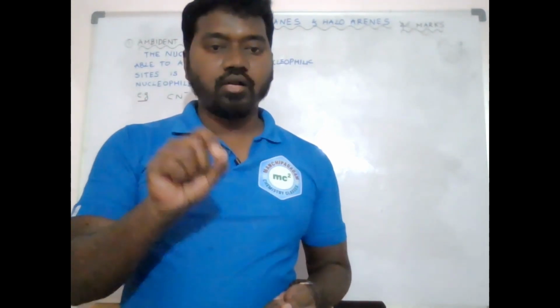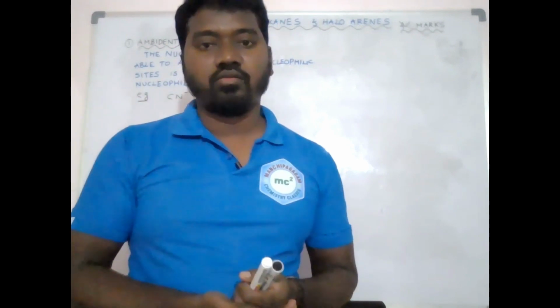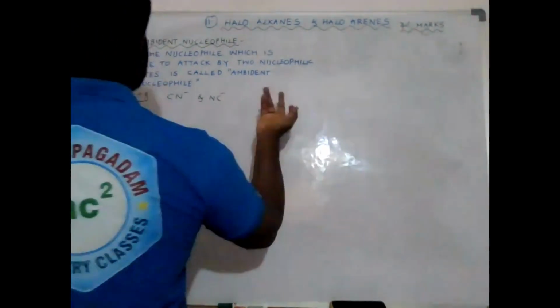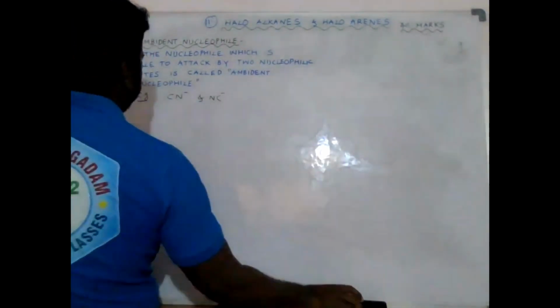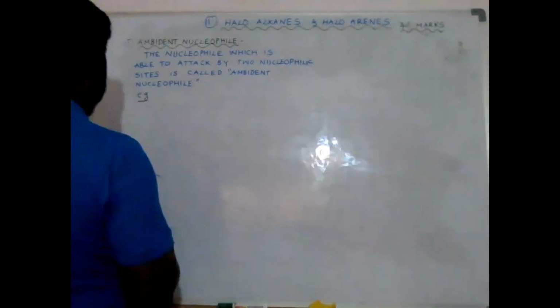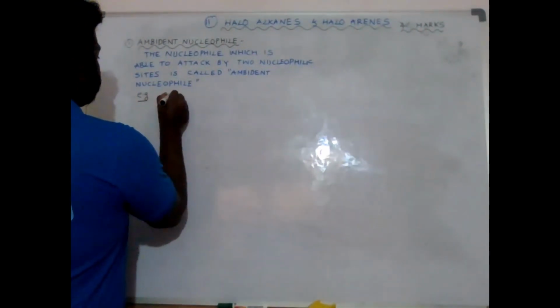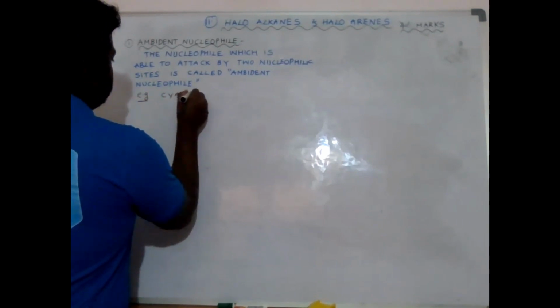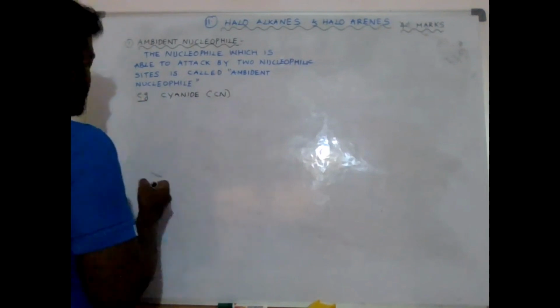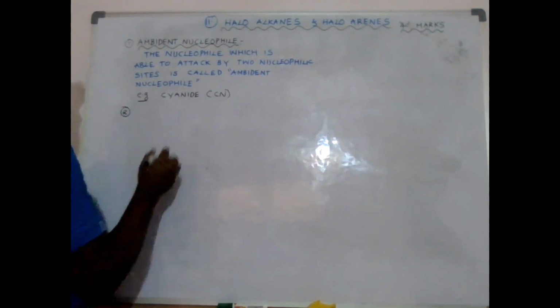It may give R-NC, alkyl isocyanide. Very simple, right? Alkyl cyanide or alkyl isocyanide, anything it can give. So simply you can write cyanide, CN minus. Okay.